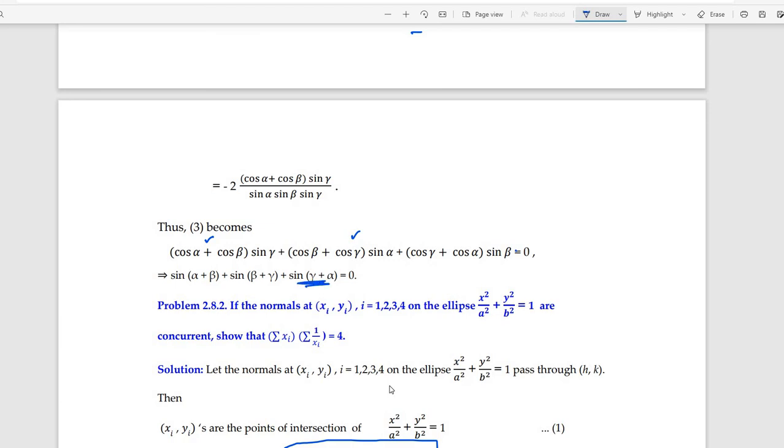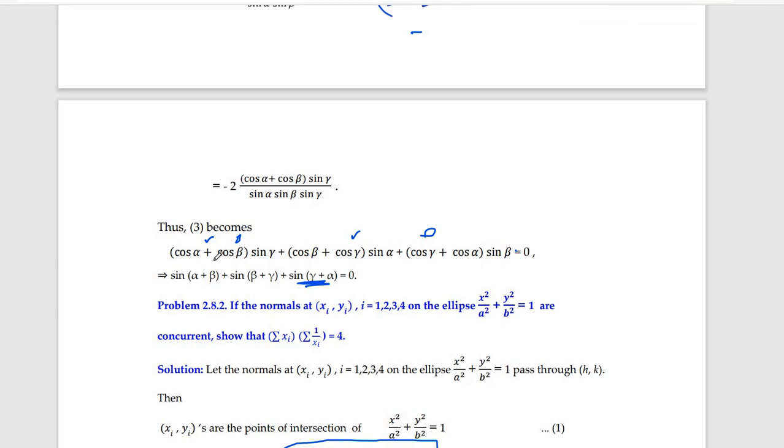And in the same way we can club gamma beta, cos beta sine gamma, then cos gamma sine beta, this one. So that will give this. What is remaining is nothing but sine of alpha plus beta. So you have the sum of this to be 0, and that's what we are supposed to establish.